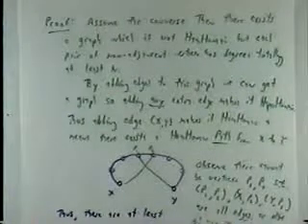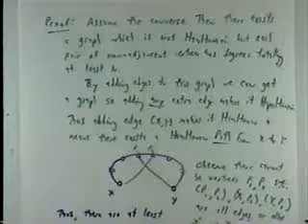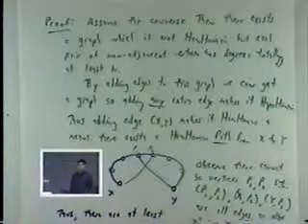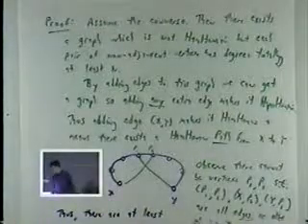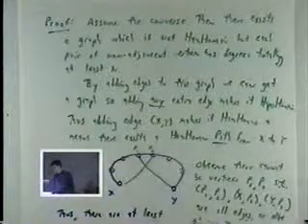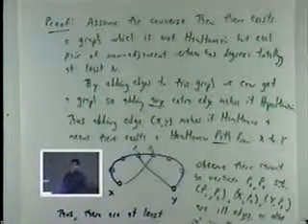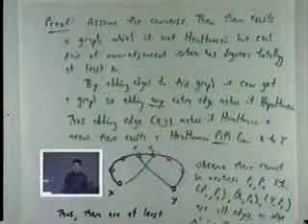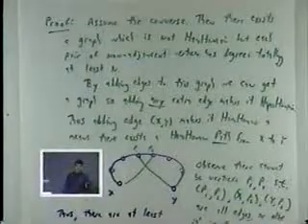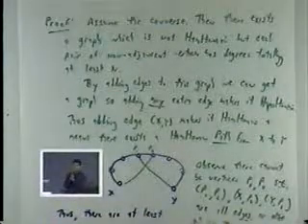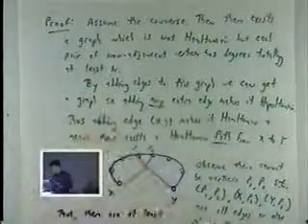In this case, there exists a graph that is not Hamiltonian, but where each pair of non-adjacent vertices has degrees totaling less than n. So for any pair of non-adjacent vertices, the sum of their degrees is at least n, not less than. Okay.